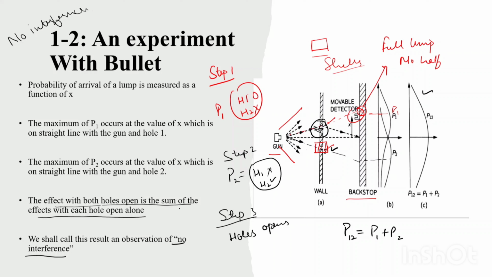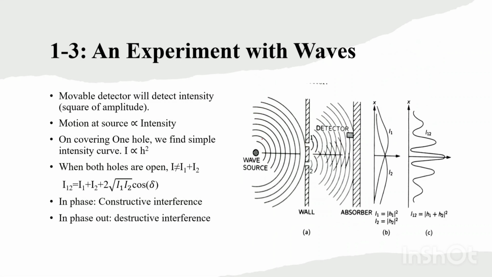Now let's move towards the next experiment, where we will replace the gun with a wave source, and this detector will now detect intensity, which is the square of the amplitude. In the same sense, in step 1, we have hole 1 open, but hole 2 is closed.